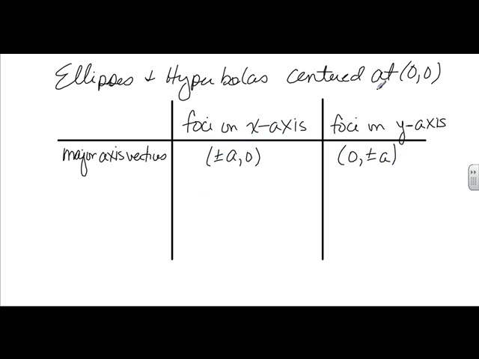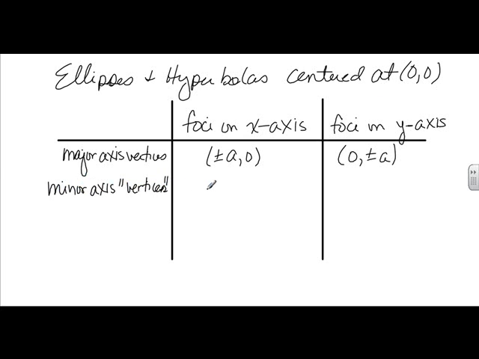Now, your minor axis vertices, and we haven't really talked about them as vertices, so I'm going to put this in quotes. They're not really vertices of the curve, but they're points that we use if we're sketching the curve, so we need something to call them.